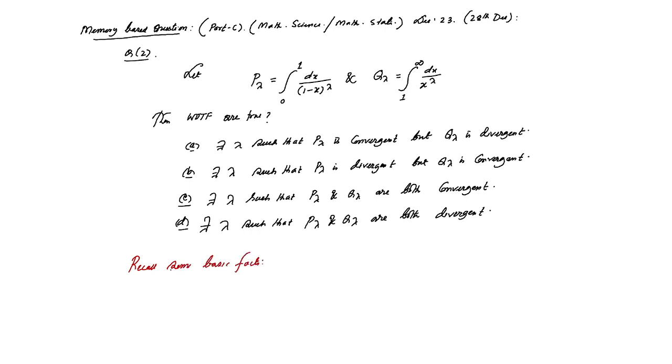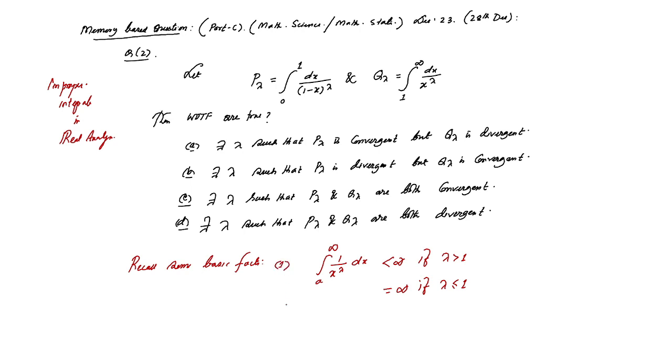Actually, this question has been asked from improper integration in real analysis. So here the fact is, if we take the integral from a to infinity of 1 by x to the power lambda dx, this improper integral is convergent if lambda is greater than 1, and it is divergent if lambda is less than or equal to 1.